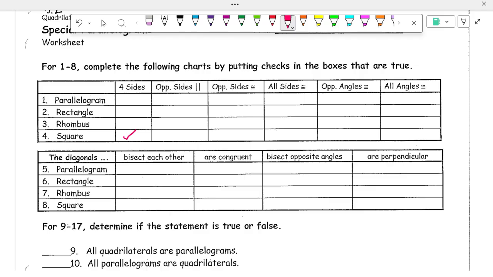All right, don't overthink it. Because they're all 90, right?